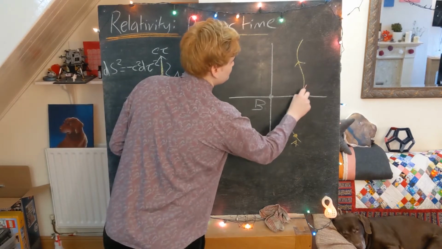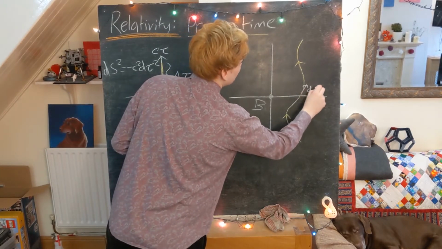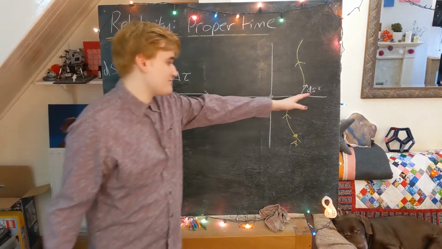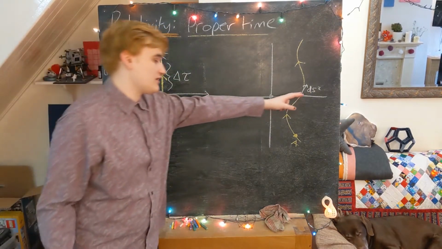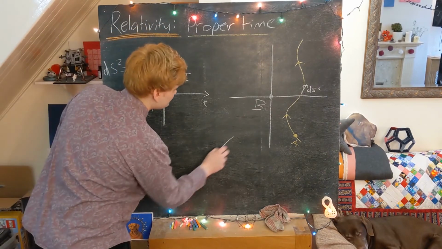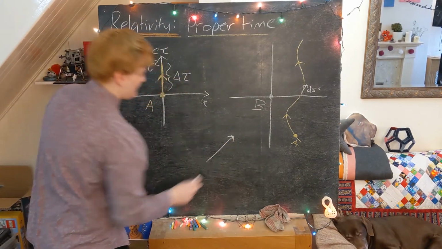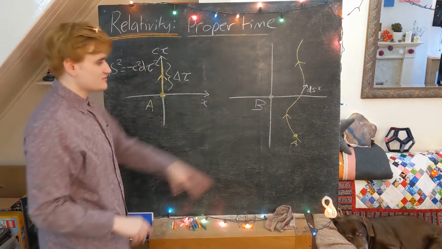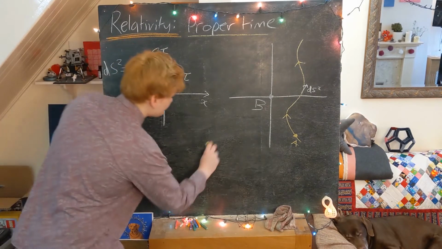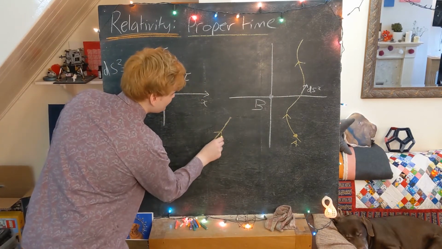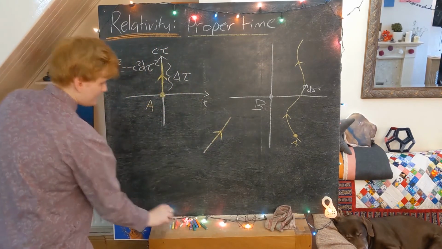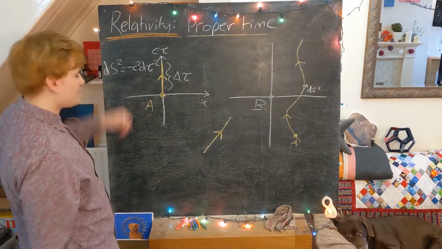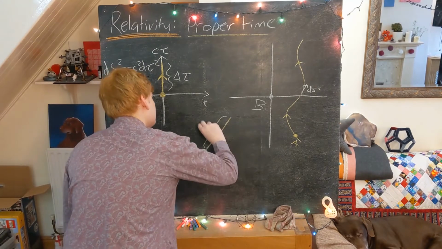If we were to consider a small portion of the world line, delta s squared, and measure it, I'll just draw it bigger here. This yellow arrow is representing the world line, and we know it's going to have a fixed length, delta tau squared.